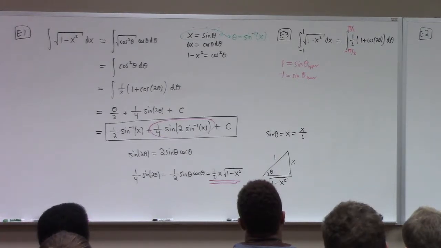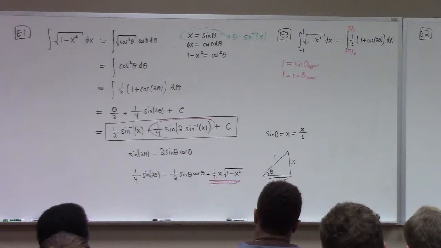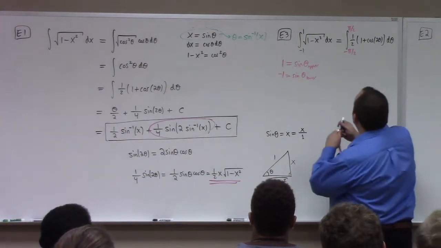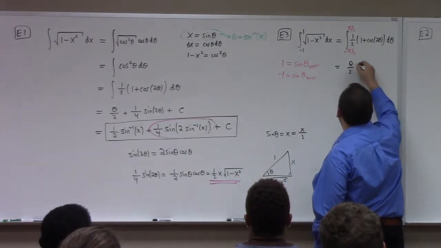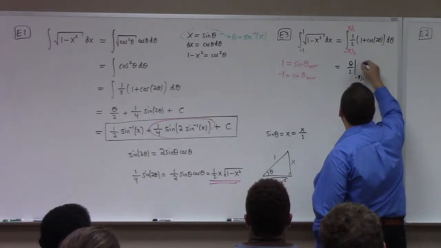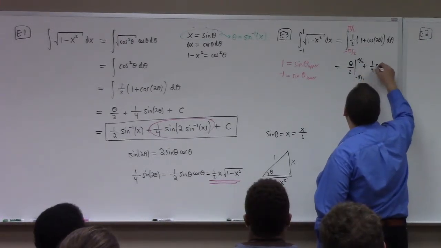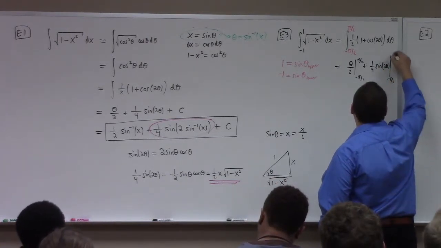Something subtle there. But you definitely want minus pi over 2. So then this integrates to what? Theta over 2, evaluated from minus pi over 2 to pi over 2, and then plus 1/4 sine of 2 theta, evaluated from minus pi over 2 to pi over 2.